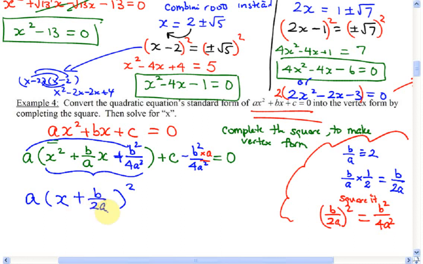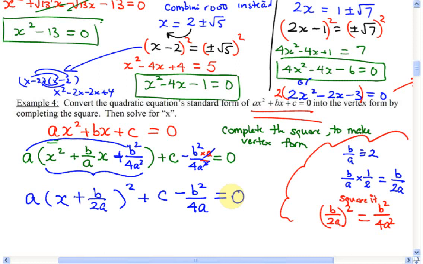And then over here, this is plus c, and I'm going to simplify the a and the a squared. A and the a squared cancel out a little bit. So we have minus b squared over 4a, equals 0. Congratulations. This is vertex form.